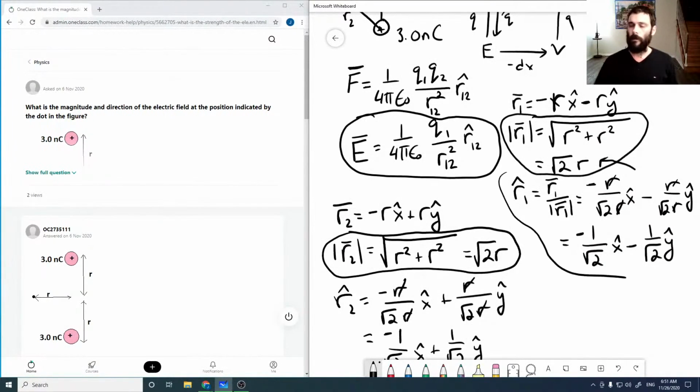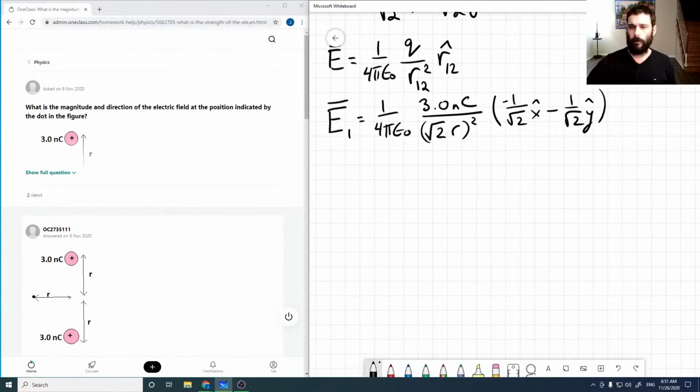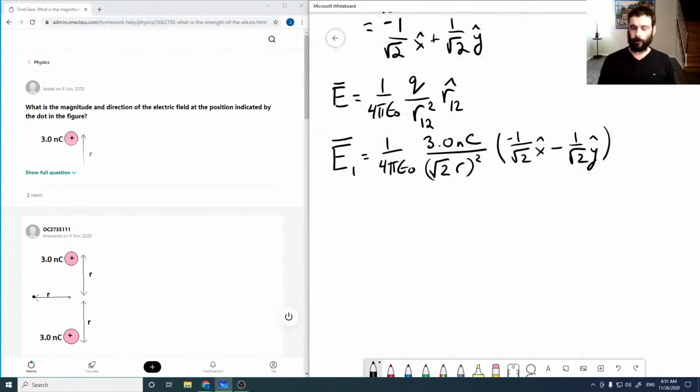Alright, so now just multiplying this through. I'm not going to bother doing the calculation for 4 pi epsilon naught since we're also not given the value of r. So I'm just going to leave things the way they are.